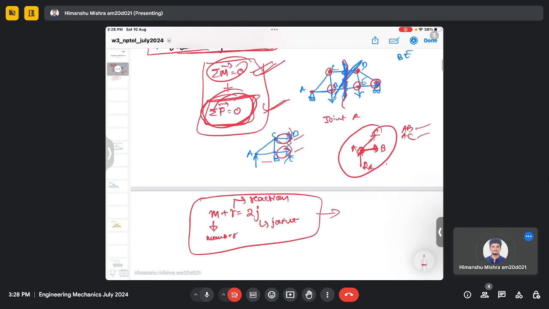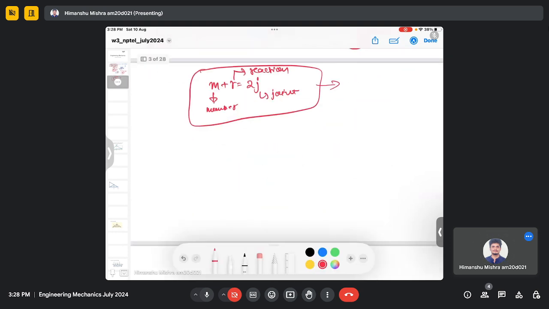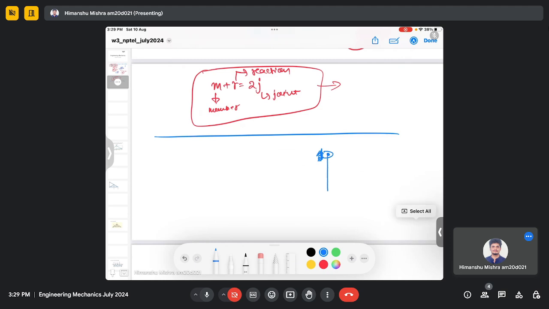So for example, let's begin with a very simple problem here. Let's say we have a truss. Here we have a pin joint, and here we have a roller joint.